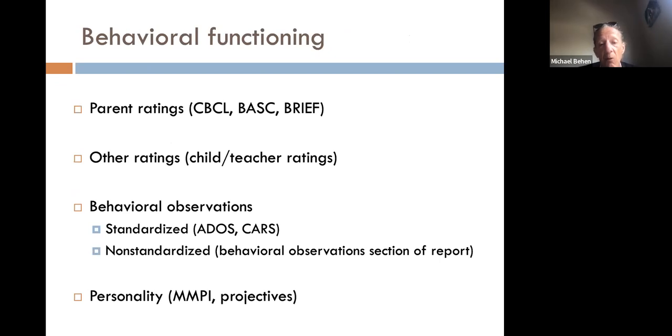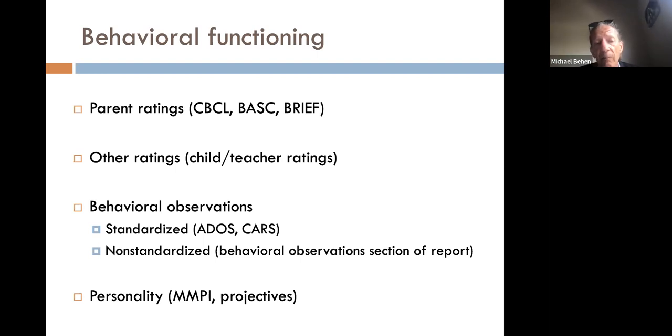Part of the assessment will very often include parent ratings of different aspects of their child's functioning. So we're going to want to understand, are there any areas of behavior that are at a clinical level, at a problem level? We'll try to understand some of the aspects of a child's executive functions from the parent's perspective as well.